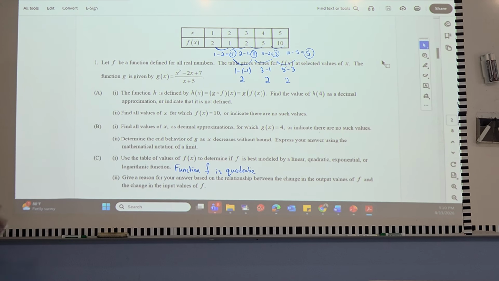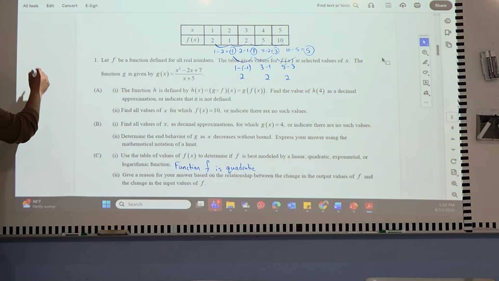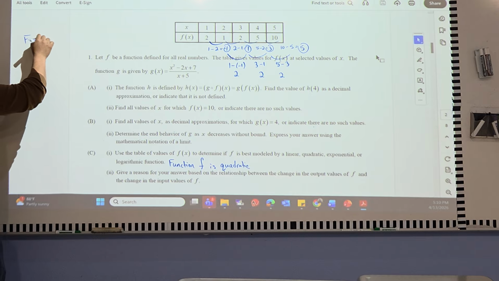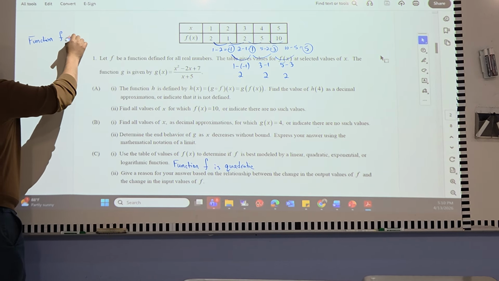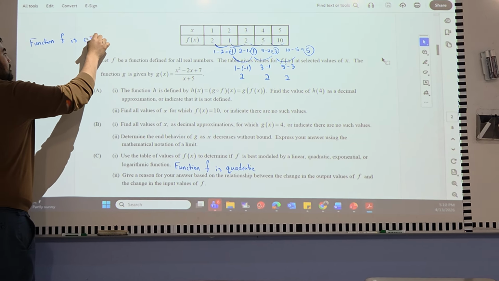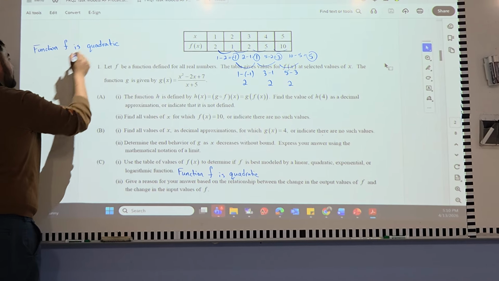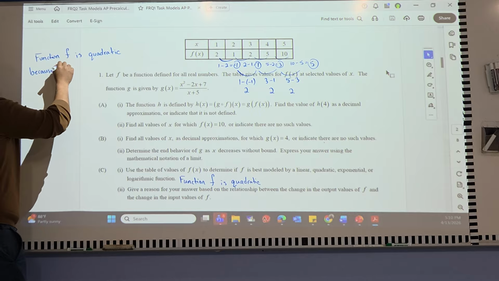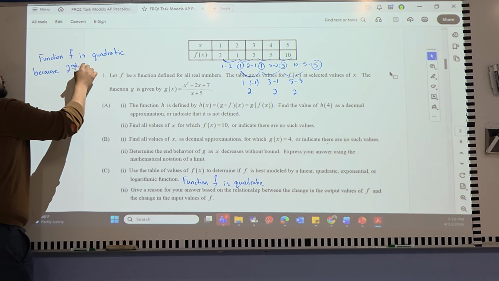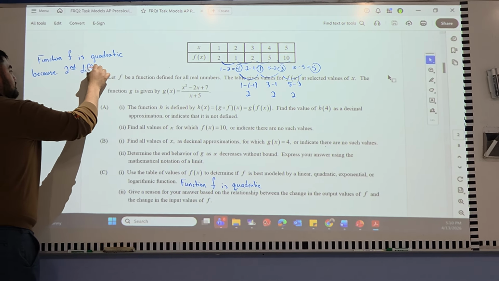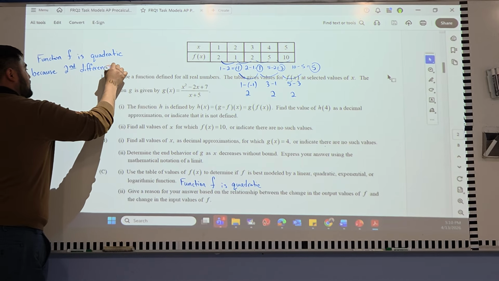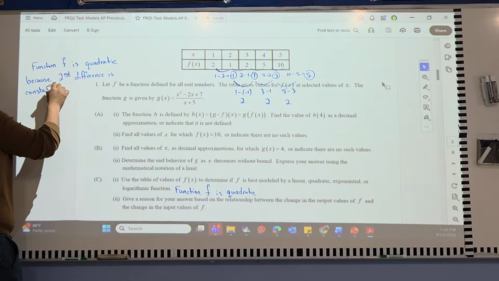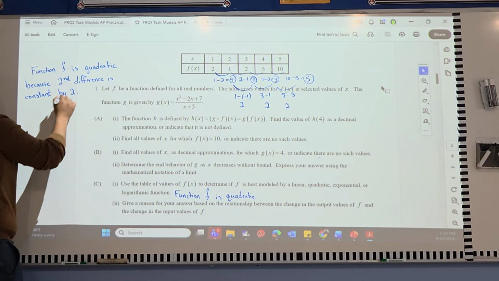So state your reason for part C2. Function f is quadratic because second difference is constant by 2.